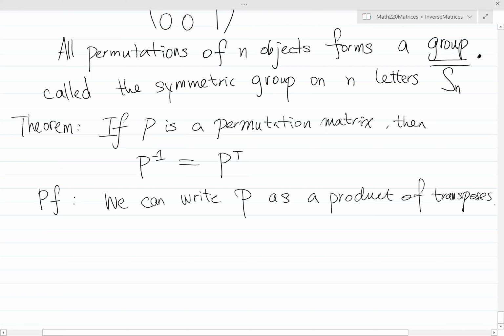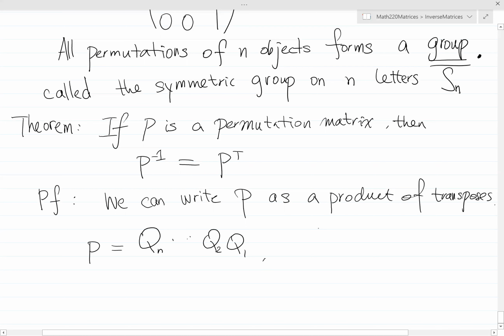Any permutation, you can achieve that by switching 2 objects at one time and then composing, until you achieve your desired order. So P we can write as, for instance, Q1, Q2, etc., then the last transposition is Qn.